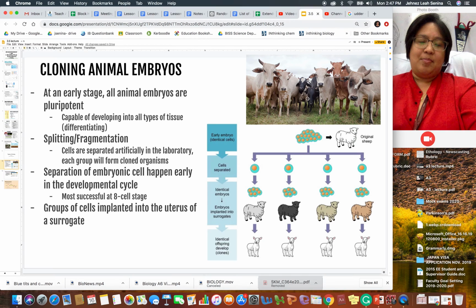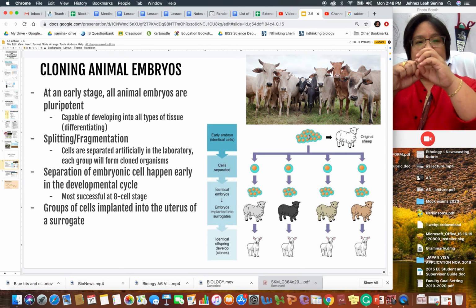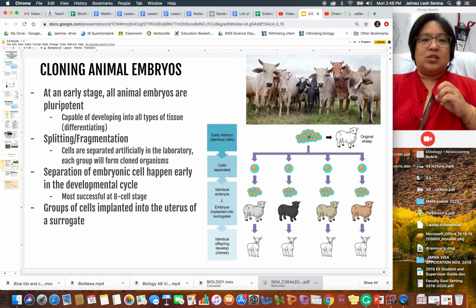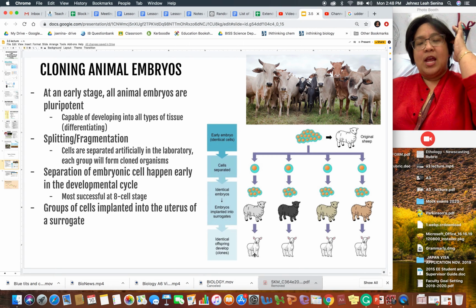Sorry, my story is a cow, and this picture is a sheep. But anyway, all of these organisms from the different surrogates will be identical because they all came from an identical piece of an embryo. They all started as one embryo. We just fragmented, we separated all these individual cells in the embryo, all of which can become another organism. What's the problem with embryonic cloning?